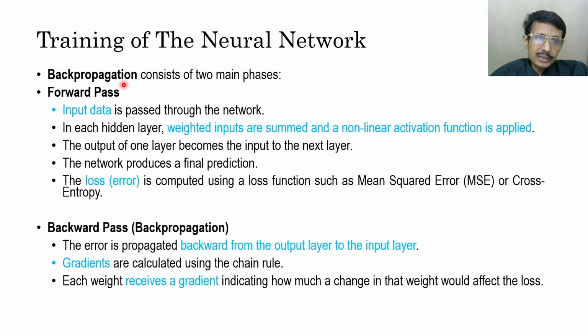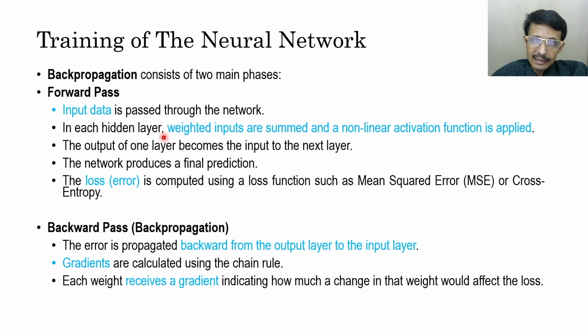As we said, our training process, which is basically backpropagation, has two main phases. One is the forward pass and the other is the backward pass. Basically, the backward pass is called backpropagation. In the forward pass, input data is passed through the network.